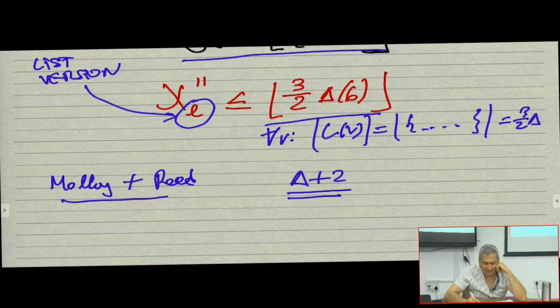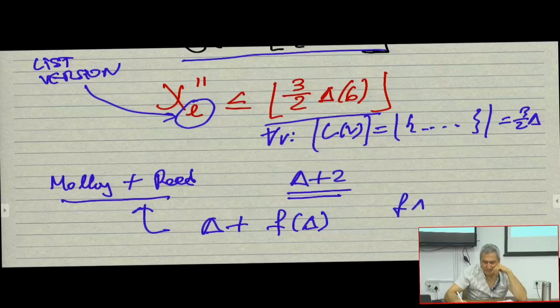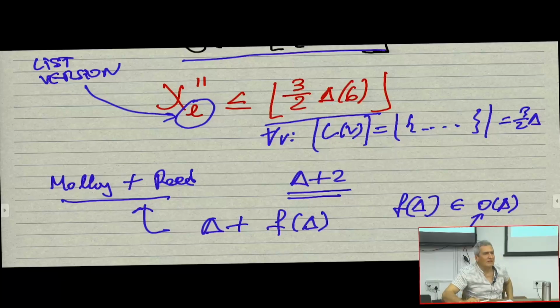Try to find what they have proven. So they have something like delta plus f of delta, and this f of delta is probably asymptotically smaller, small o of delta. And maybe even much better. So try to find what they have.